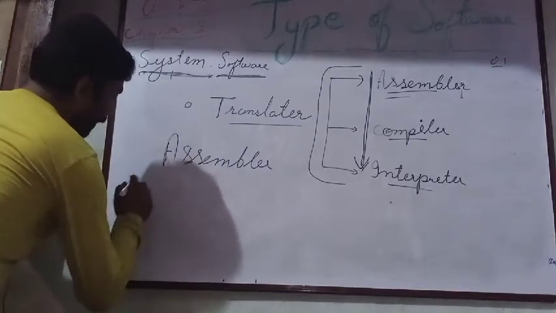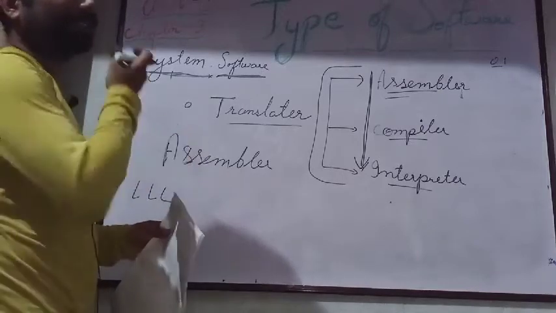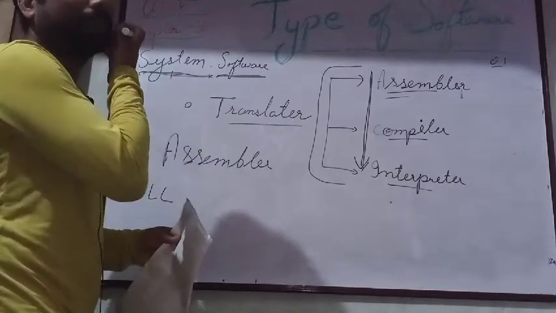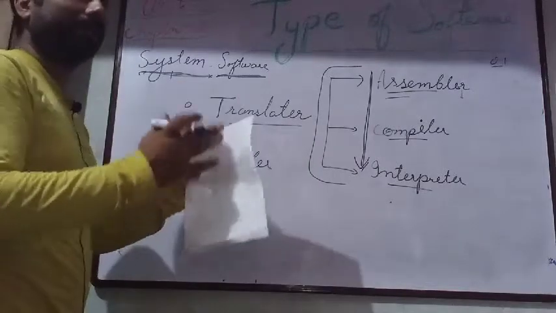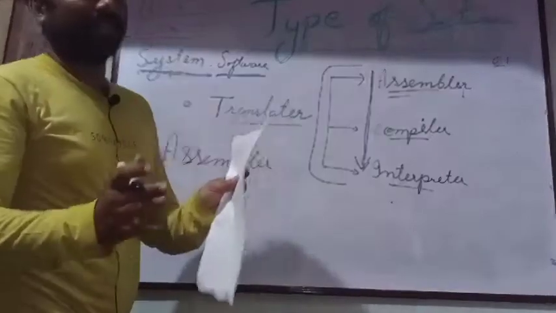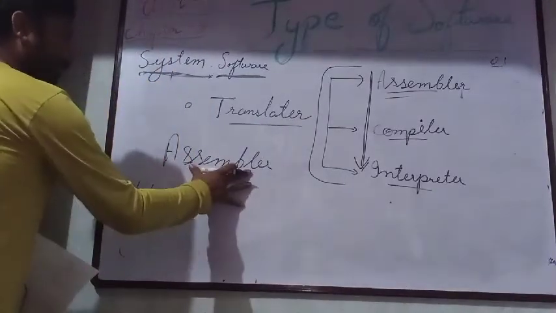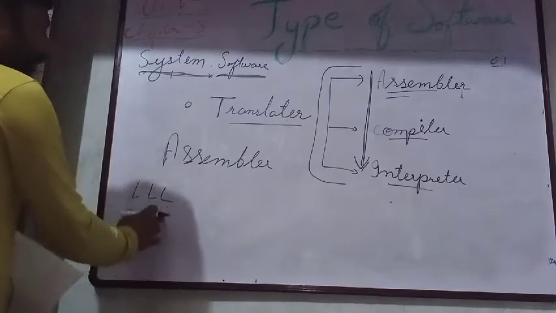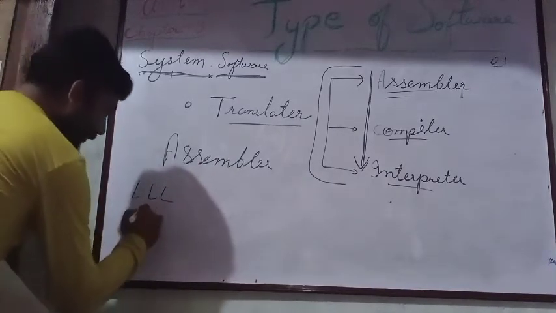or low level language. You might know about the two different kinds of languages in which programs were created: programming languages have been divided into low level languages and high level languages. Assembly language is also called a low level language.